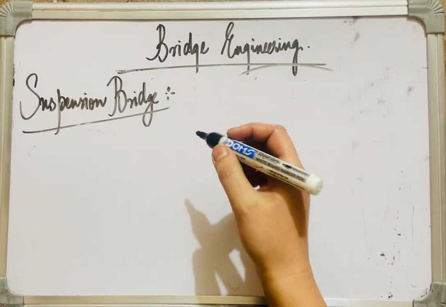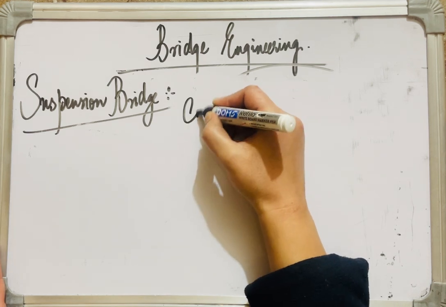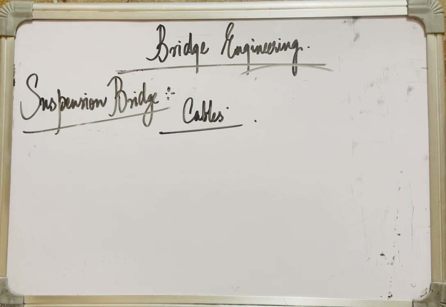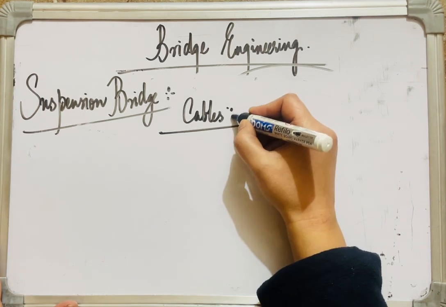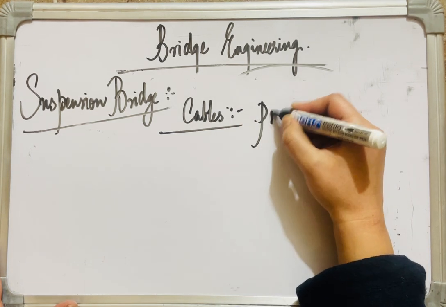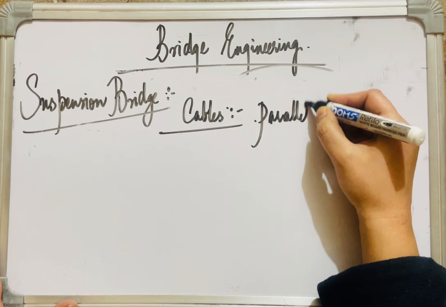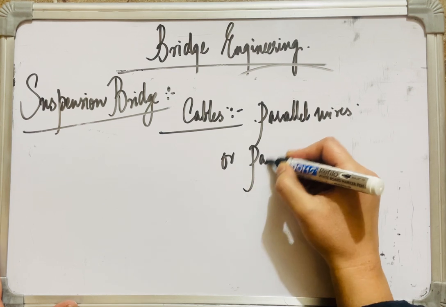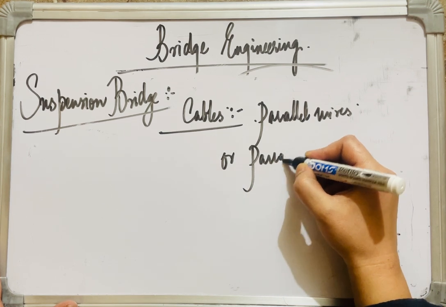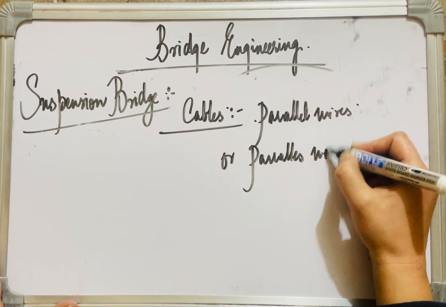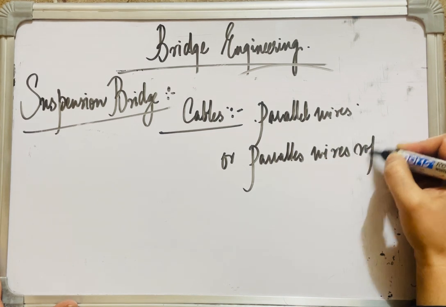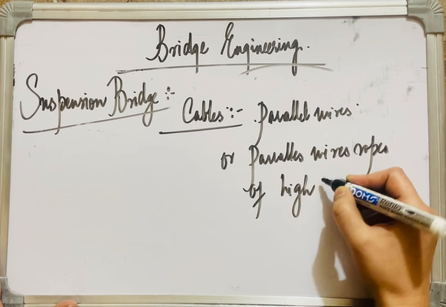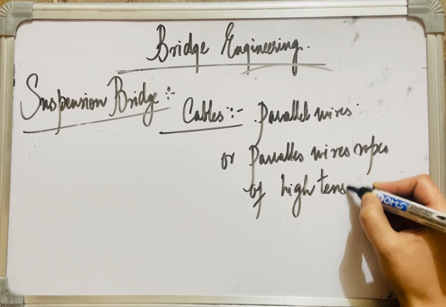All right, so in case of a suspension bridge, the main cables, which are very flexible, are made of parallel wires or parallel wire ropes of high tensile steel.